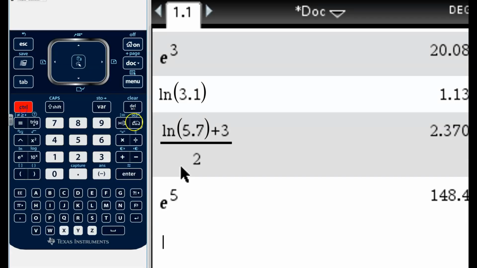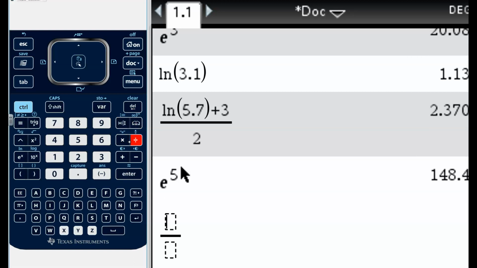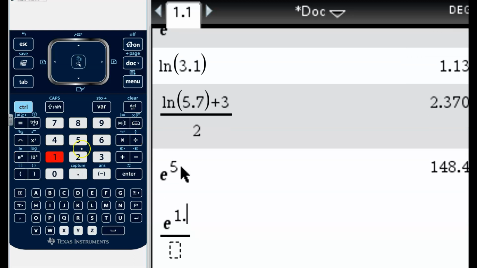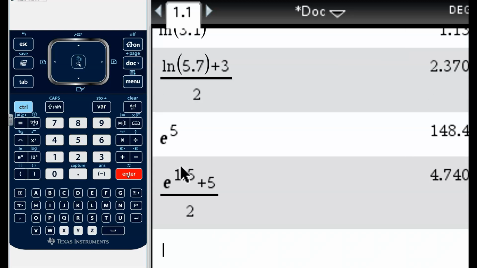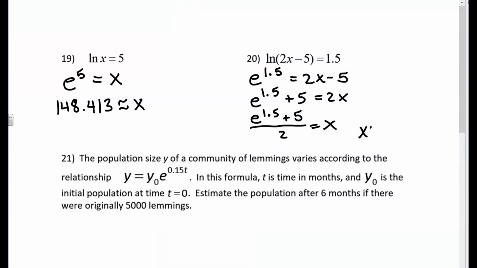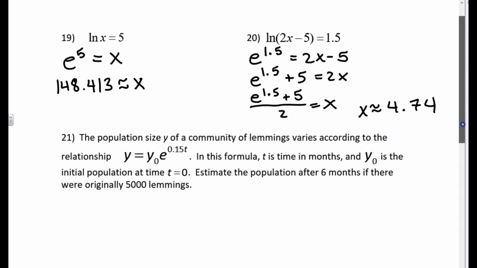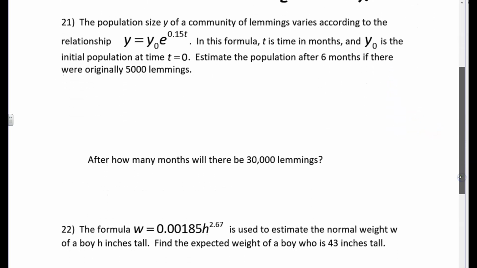Over here, I'm going to call up a fraction bar, and I'm going to do e to the 1.5, get outside of the exponent, plus 5, all divided by 2, and I get 4.74 and then some. So x is approximately 4.74.